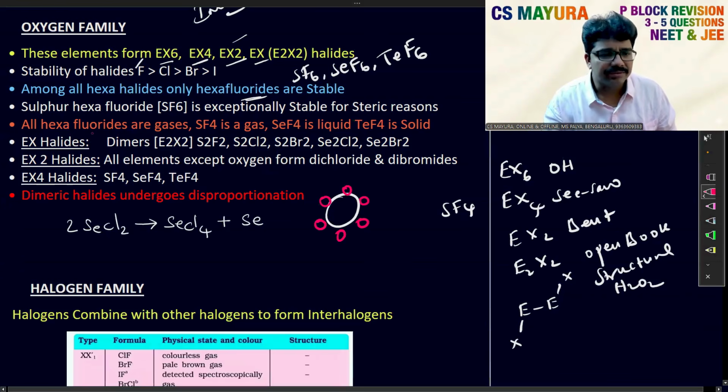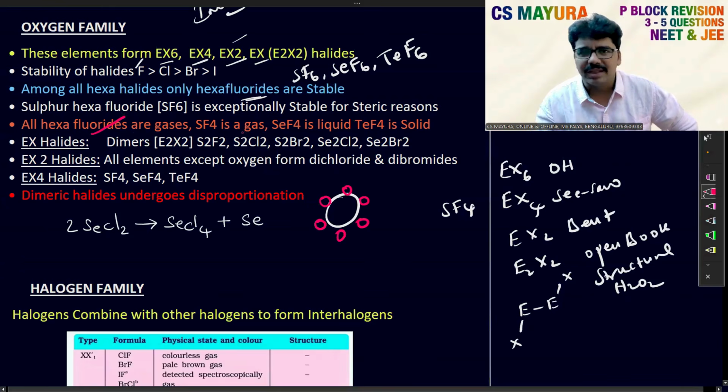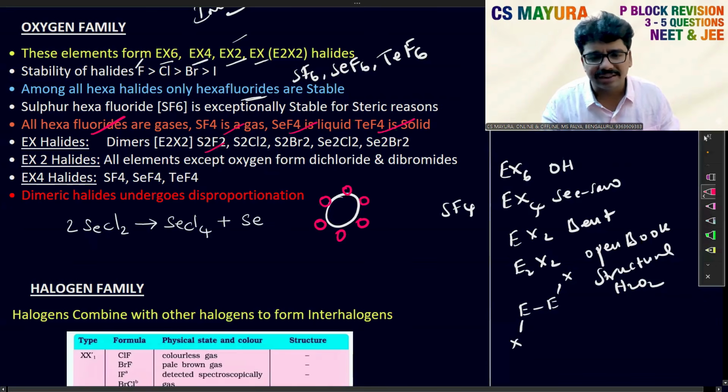All hexafluorides are gases. SF4 is a gas, SeF4 is a liquid and TeF4 is a solid. Now some examples of halides. Monohalides EX exist as dimers E2X2: S2F2, S2Cl2, S2Br2, Se2Cl2, Se2Br2.